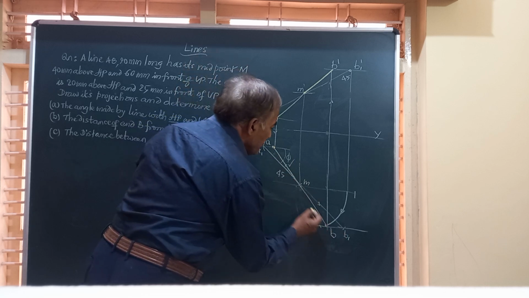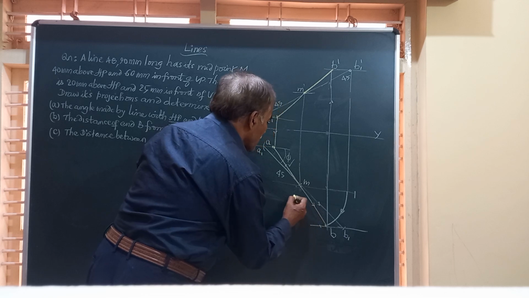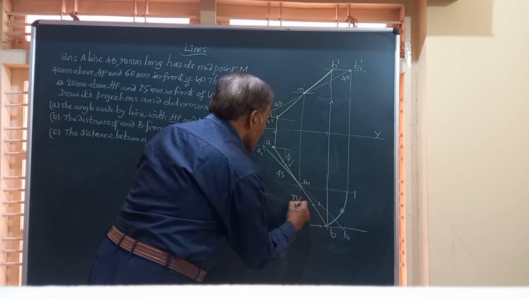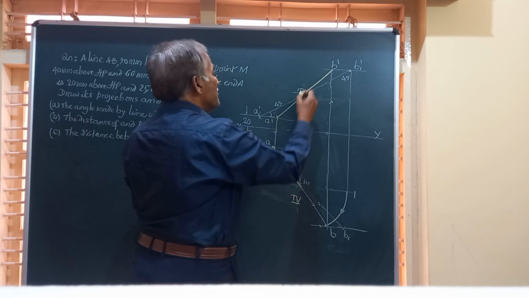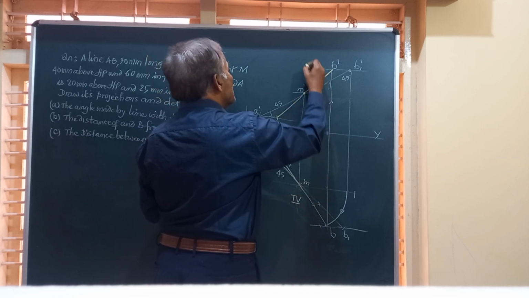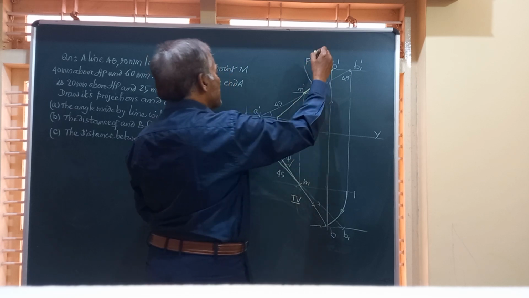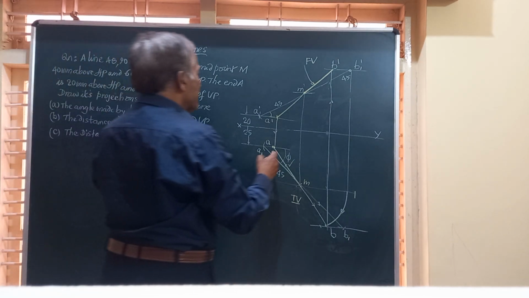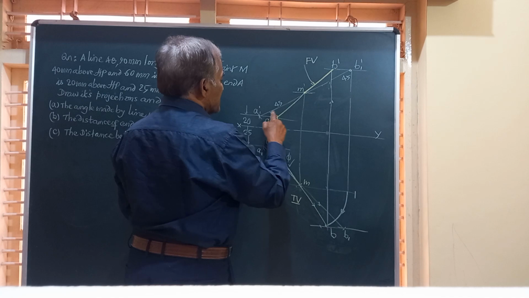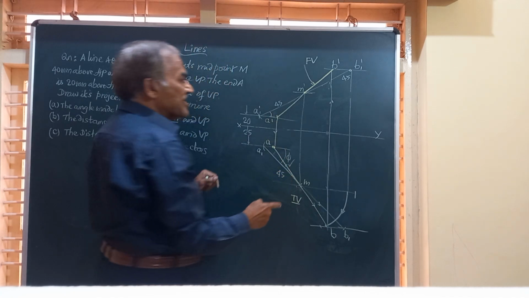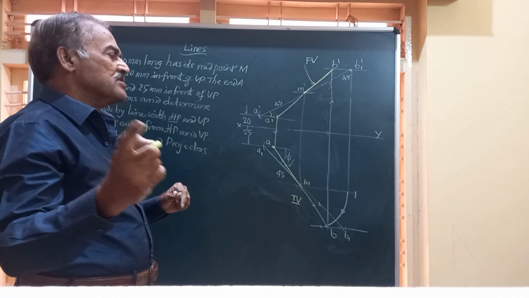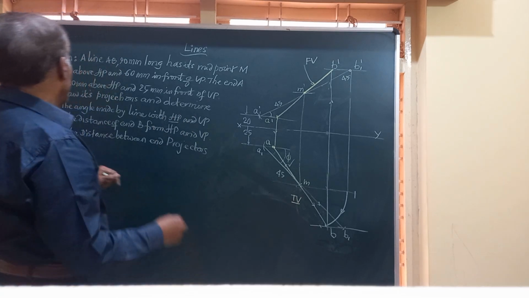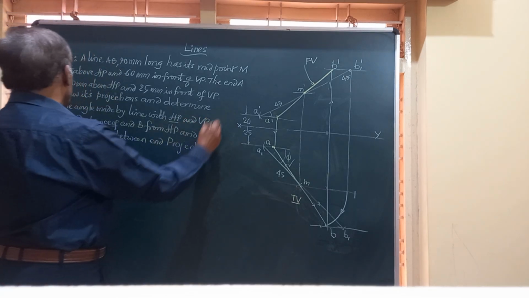Friends, this AB will represent the top view of the line. This A dash B dash will represent the front view of the line. Friends, and we are able to find out what is the angle made by the line with the HP, that is theta. Angle made by the line with the VP, as always, is phi. We are able to find out. This part we have done.